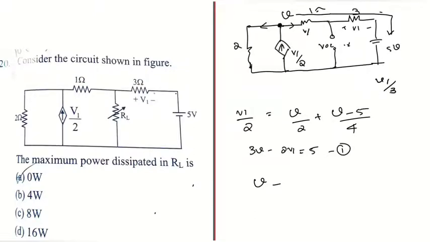That's the same current that is flowing through the 1 ohm itself, because it is a series connection. So V1 divided by 3 is flowing over here. So the voltage drop over there will be V1 divided by 3 itself, because it is a 1 ohm resistance. So the voltage drop is V1 divided by 3, minus V1 minus 5 equal to 0.